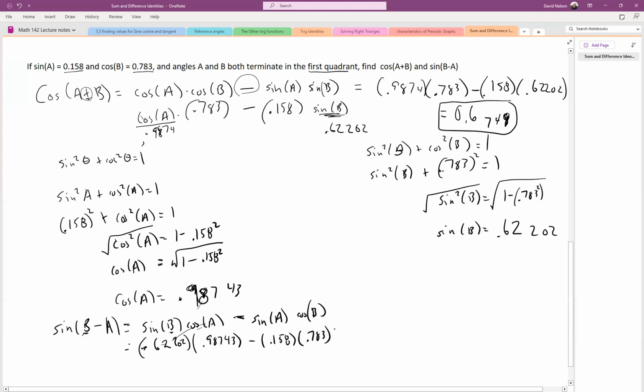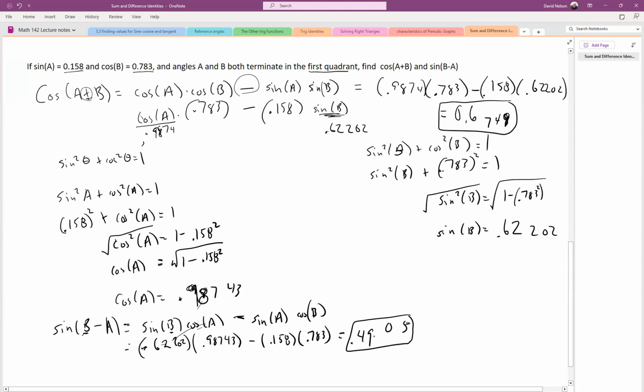So then it's just a matter of doing that arithmetic to come up with the answer: 0.62202 times 0.98743, subtract 0.158 times 0.783, and my calculator is giving me a value of 0.4905, rounding to 4 decimal places.